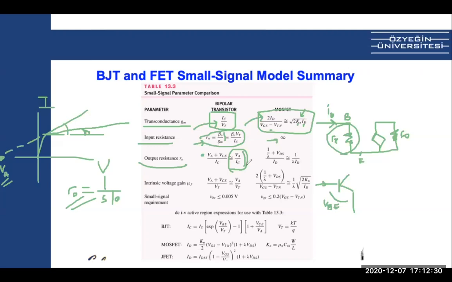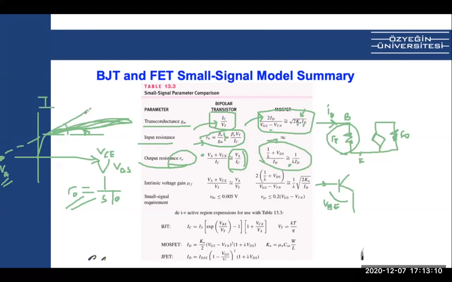That defines your output resistance R0, because this change is a function of how your characteristics change with the collector-emitter voltage in the BJT or drain-source voltage in the MOSFET. In the MOSFET, it is 1 over alpha times ID. Alpha is the parameter that defines your channel length modulation.